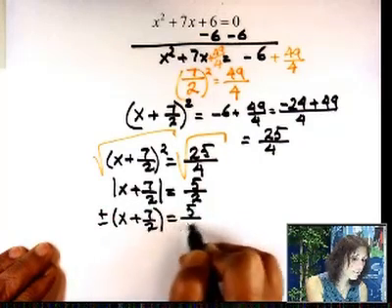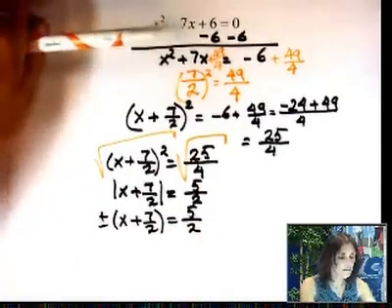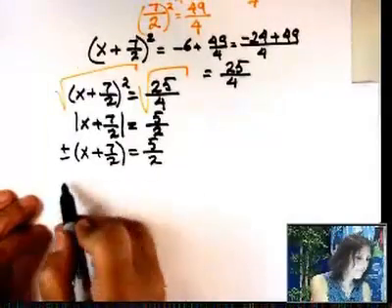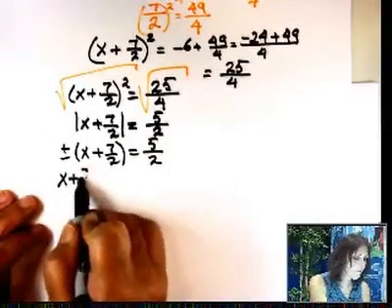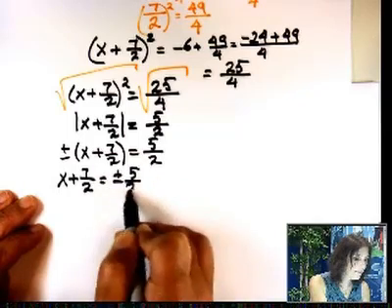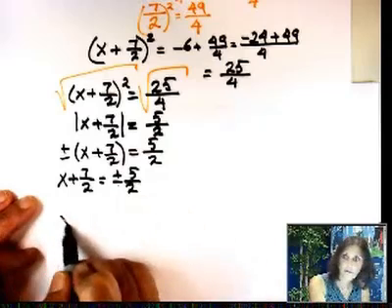The steps are always the same. Move the plus minus to the right. Now move the 7 halves to the right.